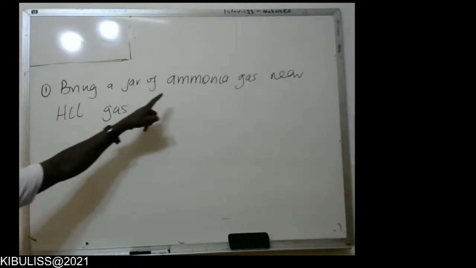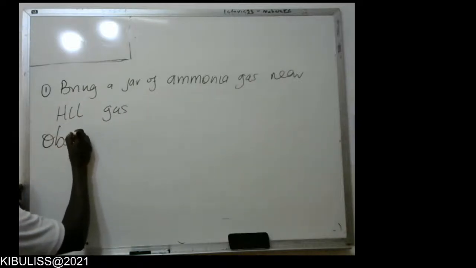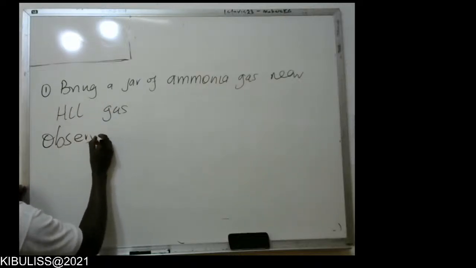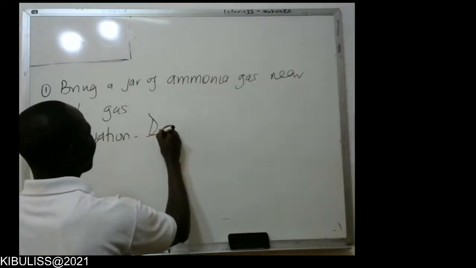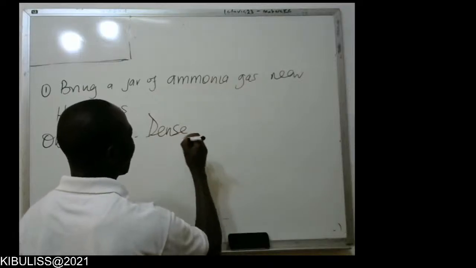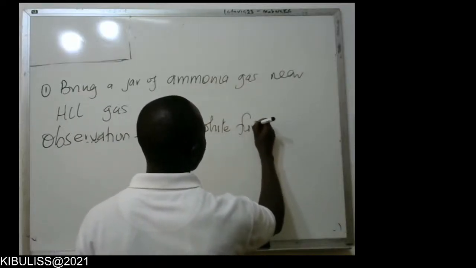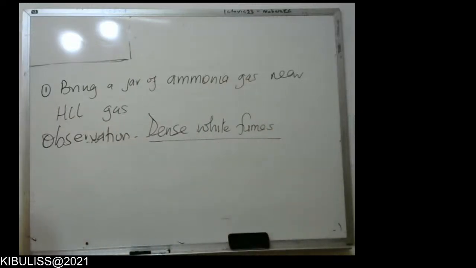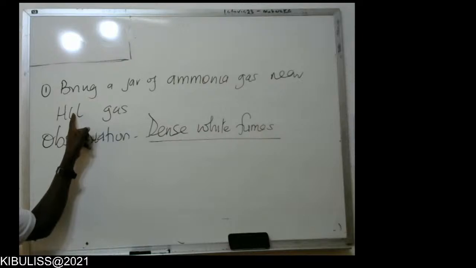So, if this is what you have done, observation: what do you see? You see dense, thick, white fumes. Conclusion: the moment you see the white fumes, you conclude that the gas is hydrogen chloride.